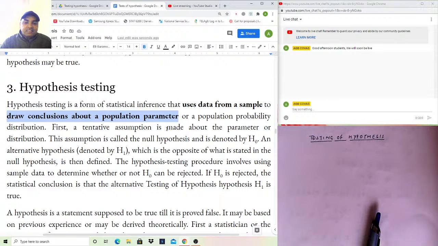Then the hypothesis testing procedure involves using sample data to determine whether or not the null hypothesis needs to be rejected. If the null hypothesis is rejected, then the statistical conclusion is that the alternative hypothesis H1 is right. So finally, we either reject or accept the null hypothesis, and consequently the alternative hypothesis will be accepted or rejected.